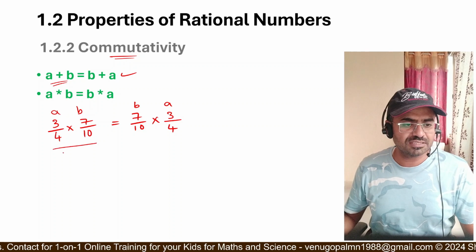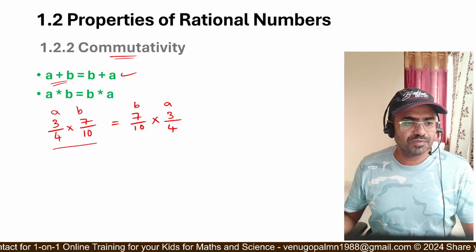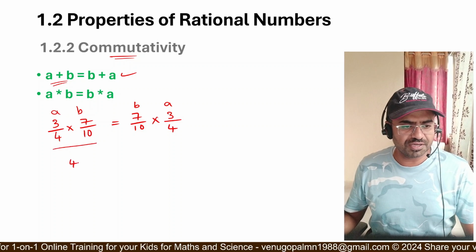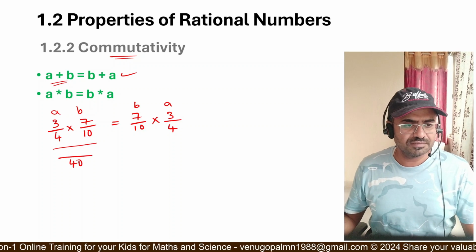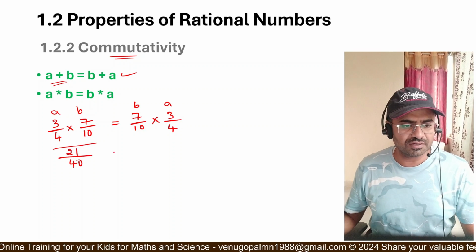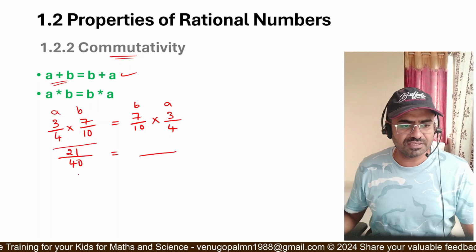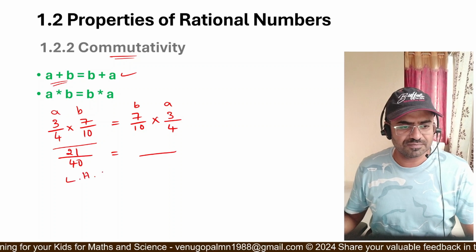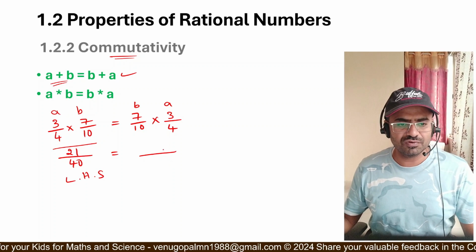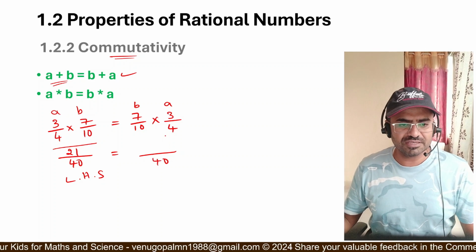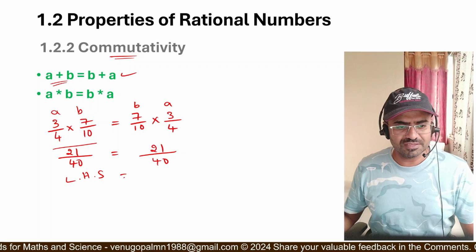So if you see this LHS value, 4 tens are 40 divided by 3 sevens are 21, correct? Similarly, this is your RHS: 4 tens are 40, 7 threes are 21.